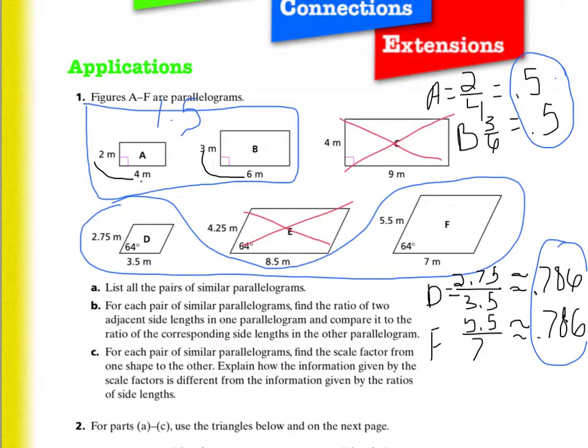From D to F, the scale factor is 2, whereas the ratio is 0.786. So that is different. The scale factor compares the corresponding sides of two shapes, while the ratio of the side lengths within a shape is compared to the ratio of the corresponding sides in another shape. And so that is how it is different.